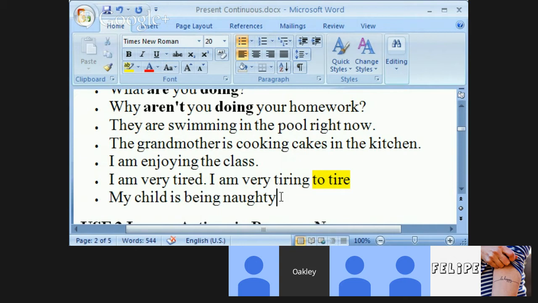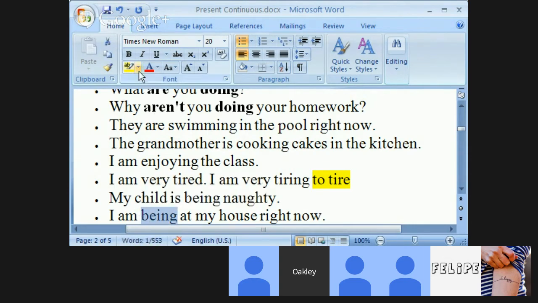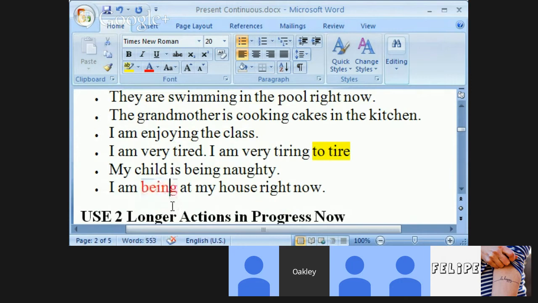But if I want to say "I am at my house right now," I cannot change this. I cannot say "I am being at my house right now." This is wrong. I cannot use the continuous tense for the verb to be in this meaning.